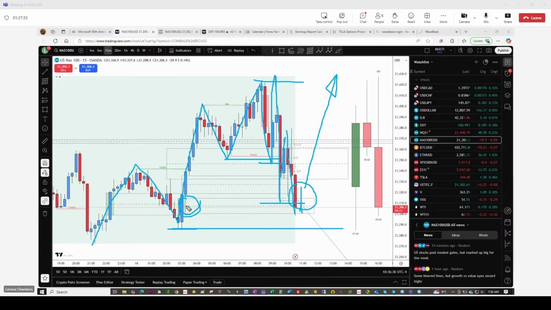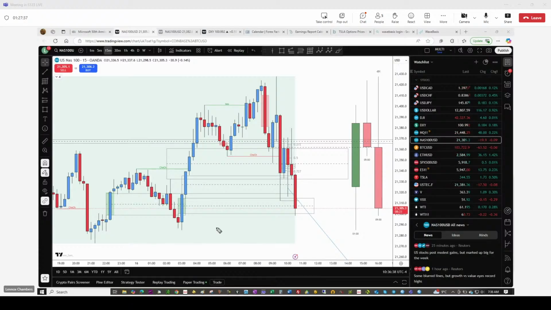So this gap is our last bastion of defense here. There's also a series of order blocks here. So will we hold here or not? And see, we're going through it. So this can turn into a wick on the 15-minute time frame, or tail.